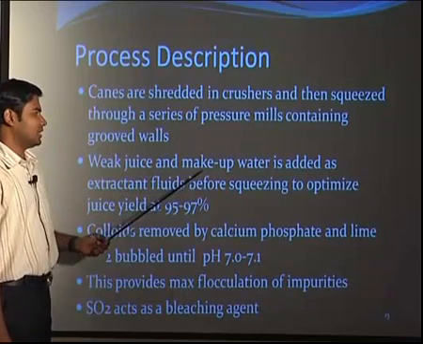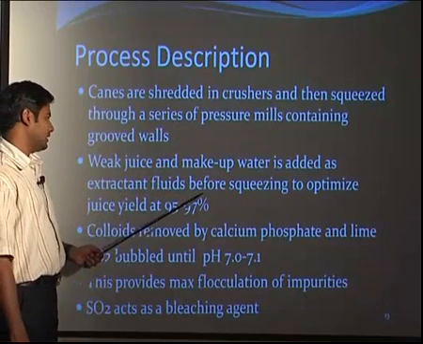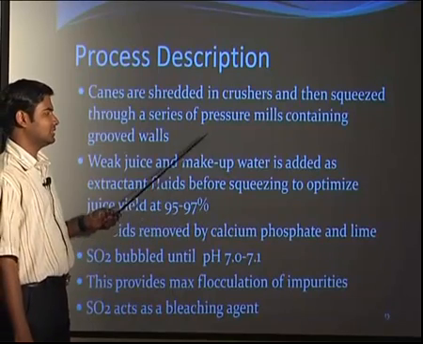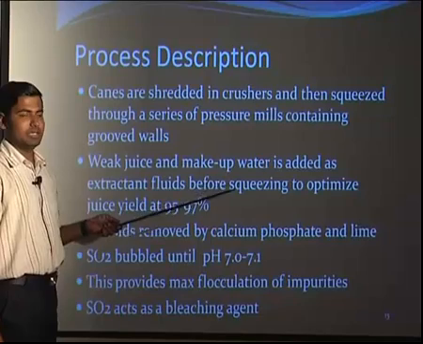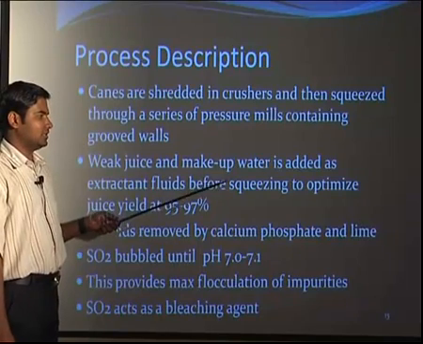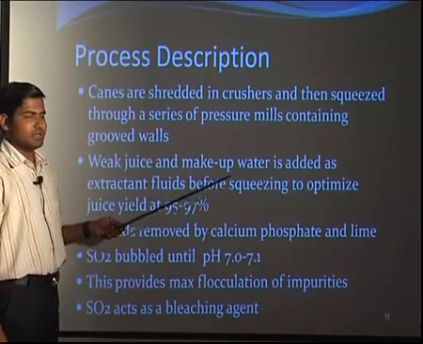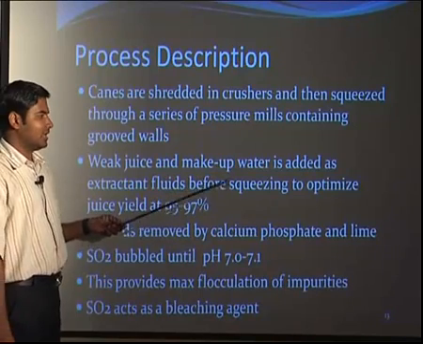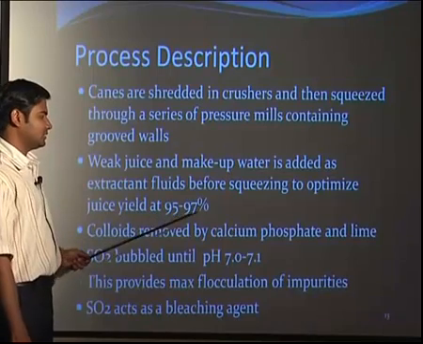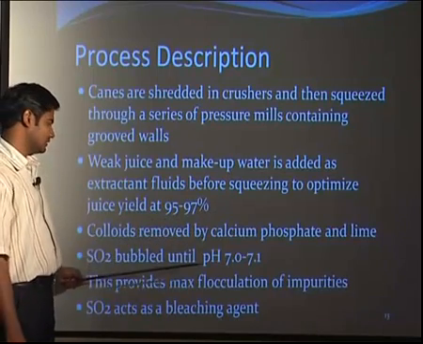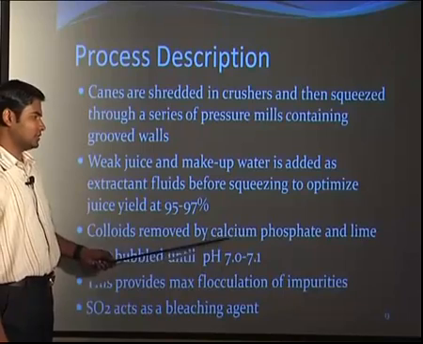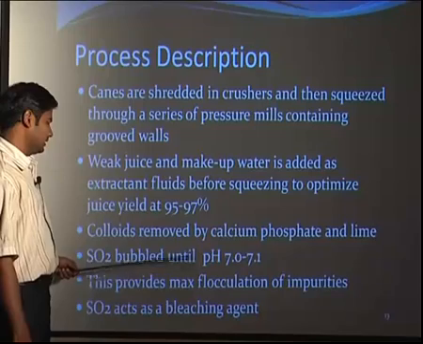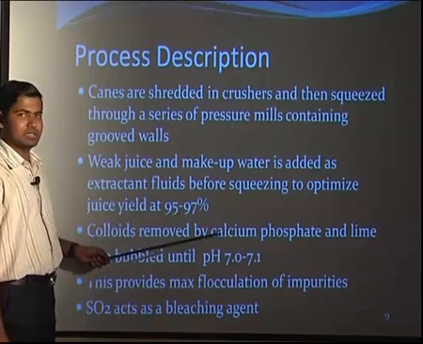The weak juice and makeup water are added as extractant fluid before squeezing to optimize juice yield at 95 to 97%. So whatever bagasse is coming, water is added to it, and the water will dissolve the sucrose or sugar cane juice which is remaining in the bagasse, and that will make the juice yield around 95 to 97%. Then colloids are precipitated by calcium phosphate and lime. The lime we are using is generally to remove the colloids present in the sugarcane juice.